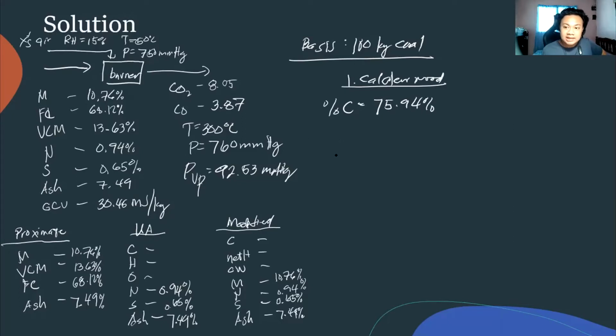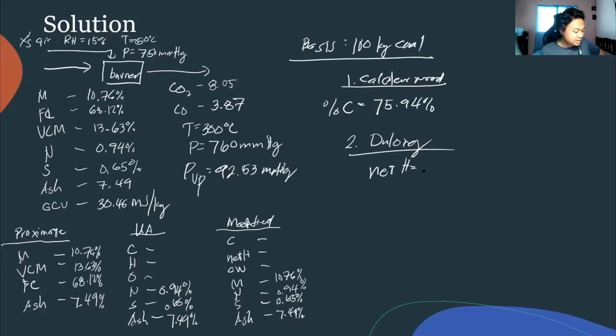Then you get the net H using the Dulong formula. If you can't remember the order, just remember that C comes before D: Calderwood first and then Dulong. Using the Dulong equation, you can get the net H.